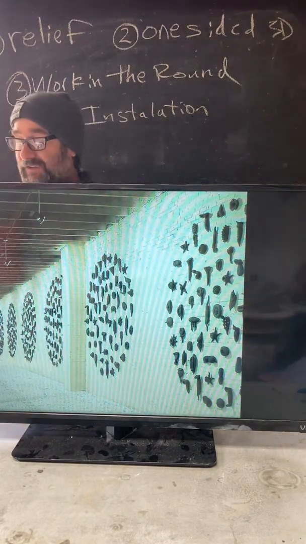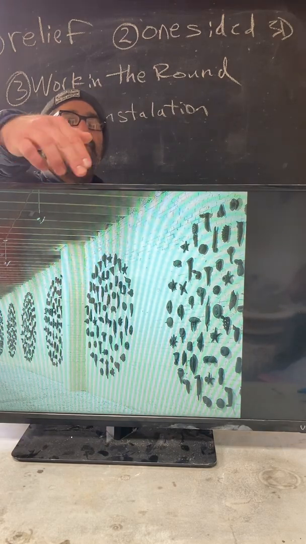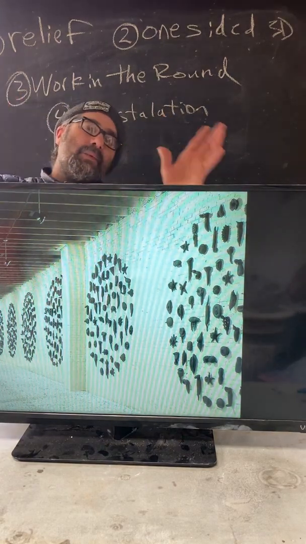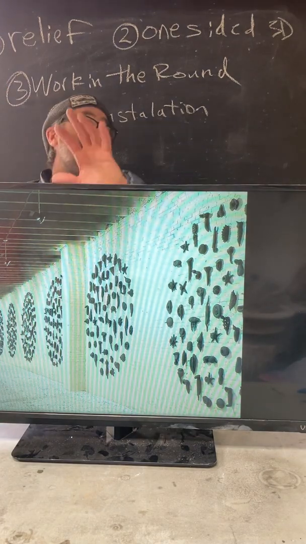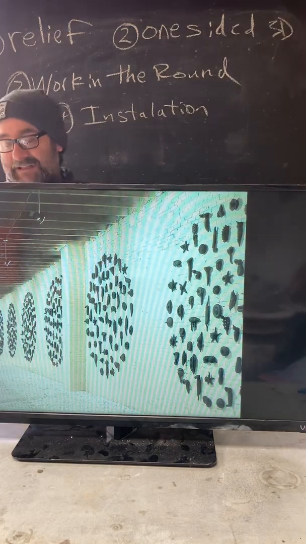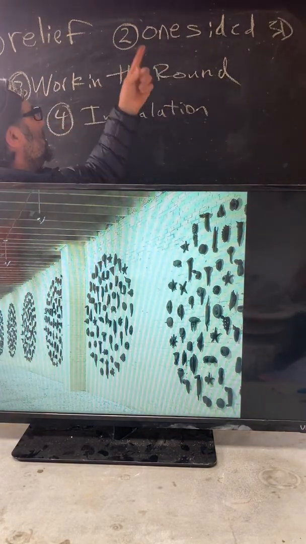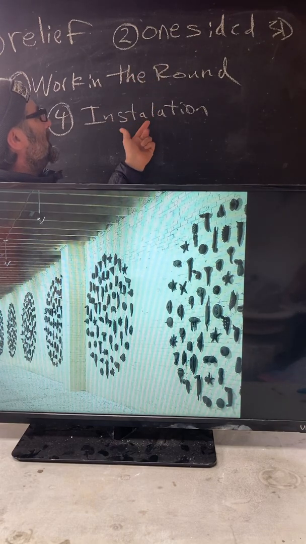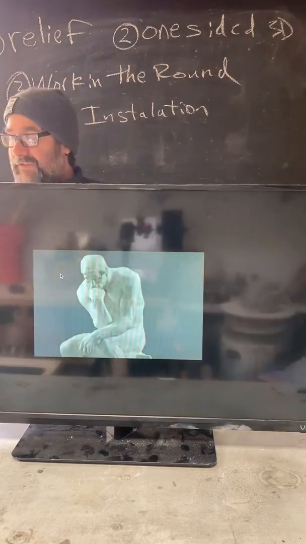But again, individually, if we look at just one of those circular elements of those repeated forms, I would call it one-sided 3D work. If it is repeated so much that it controls the whole space, then of course it becomes installation. So really, you can use any one of these degrees of dimension and repeat it enough so that it's controlling the whole space to ebb into this idea of installation.